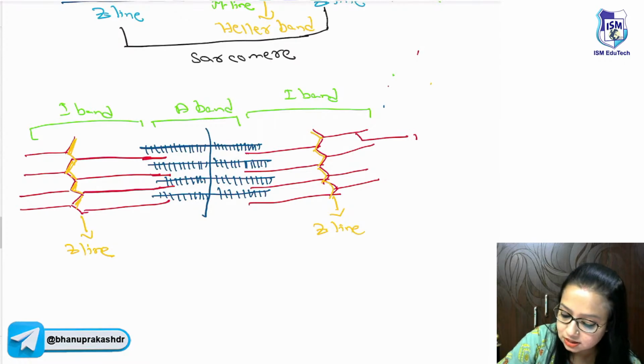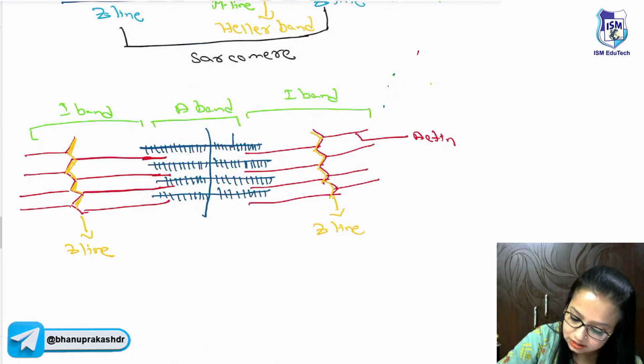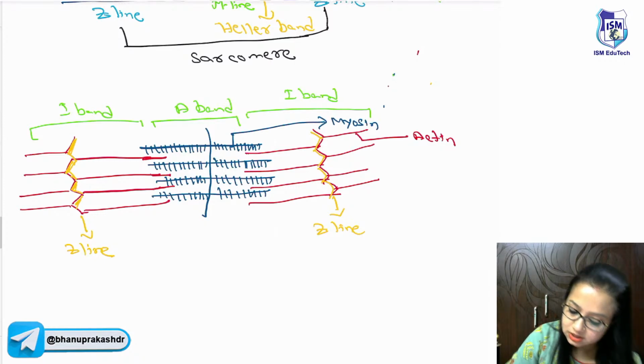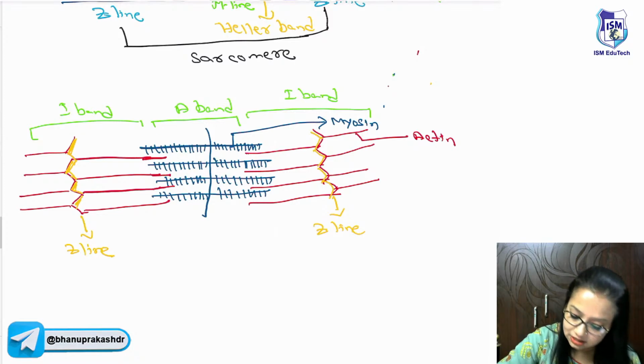So this is the actin and these are the myosin. In this area of the A band there is overlap of actin and myosin, and myosin especially is a thick filament. That's why the refractive index is dark, and here runs the M line.